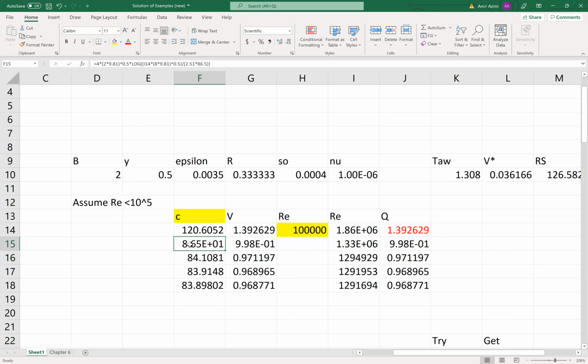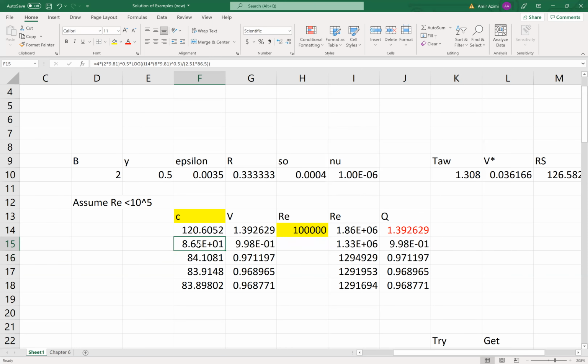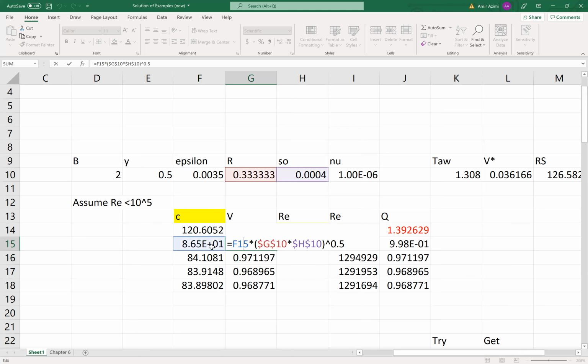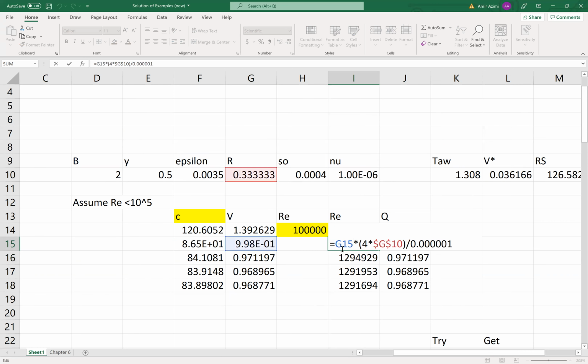So I inserted 86.5 and I got 86.5. So it converges. Then I calculate velocity based on the calculated Chezy coefficient, calculate Reynolds number. So here we have Reynolds number, 4R times velocity. And from that, we calculate discharge, okay?